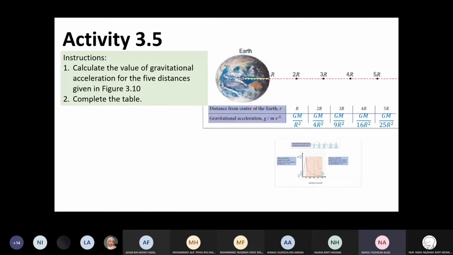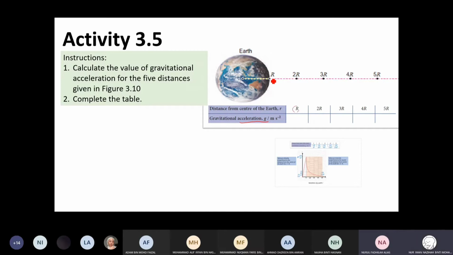Okay. For this one, activity 3.5, another activity. Instruction: calculate the value of gravitational acceleration for the 5 distances. Okay, saya tak nak jawapan dalam numerical lah. Give me the answer in R and G and M. So what is the gravitational acceleration when distance from the center of the earth is R?